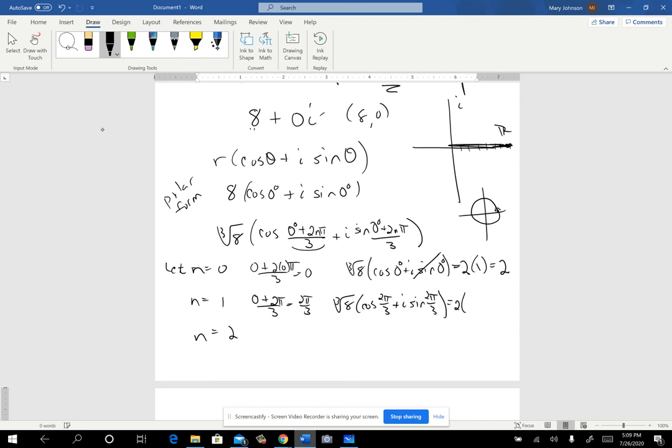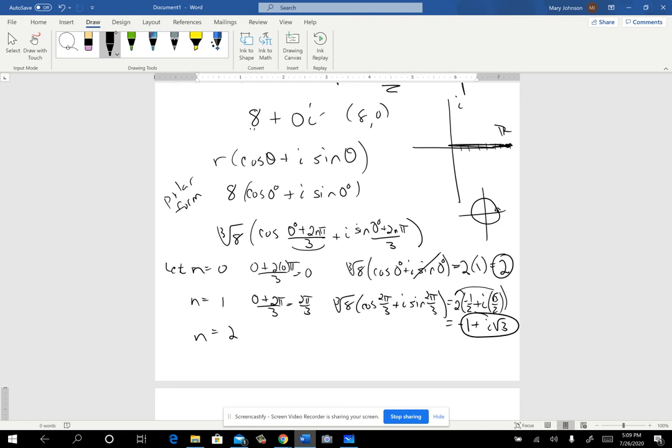So we'll have 2 times (negative 1/2 plus i times the sine, which is positive square root of 3 over 2). So that would be negative 1 plus square root of 3 times i. I like to put the i in front so that when I type it in... Okay, so that was just me distributing the 2. They asked for the answer to be in rectangular form, which is why I'm doing that extra little step at the end. So there's one of your roots.